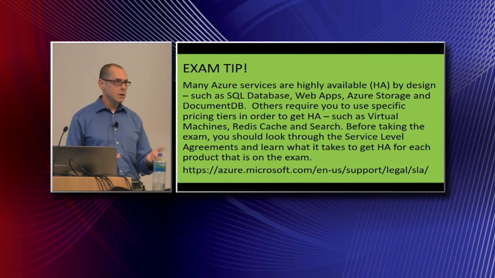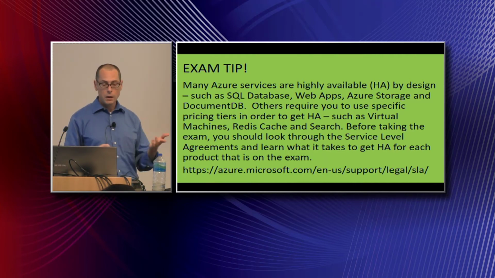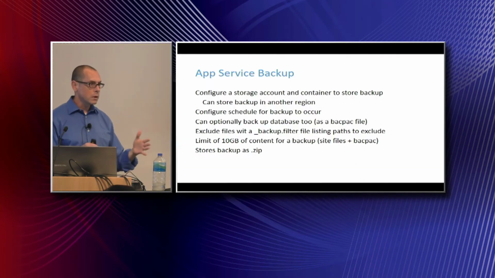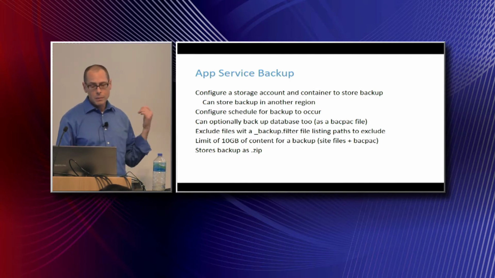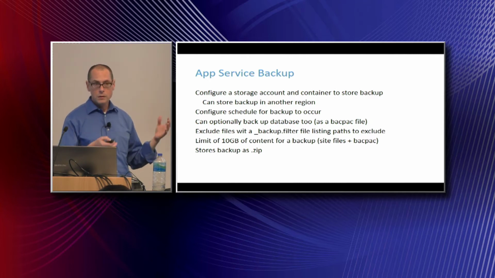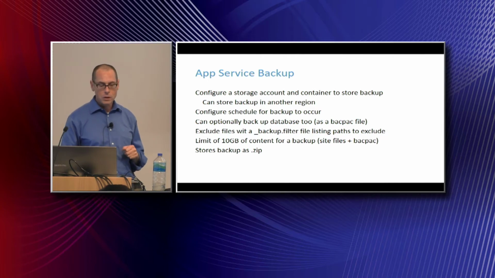VMs, you have to specifically do something. Redis, same thing, and search, same thing. You need to know what the SLAs are and what you'll need to do for that product to get business continuity.